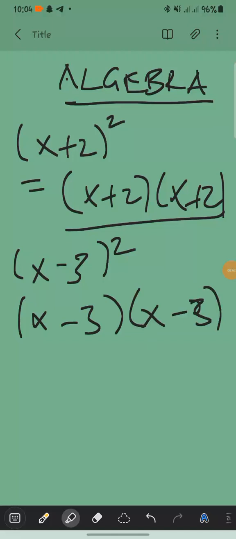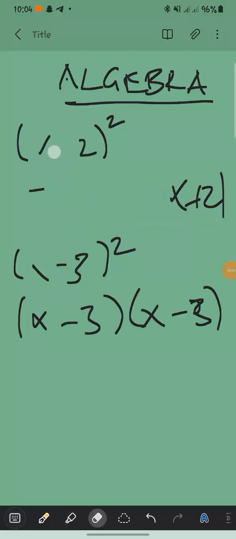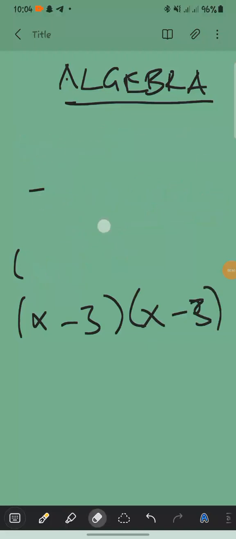Having this knowledge, we also looked at factorization. And what did we say under factorization?